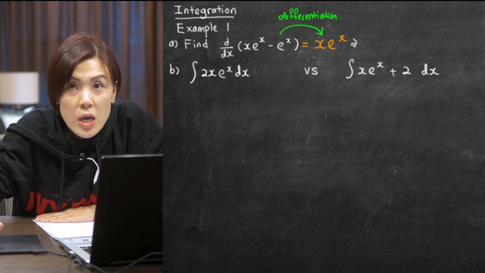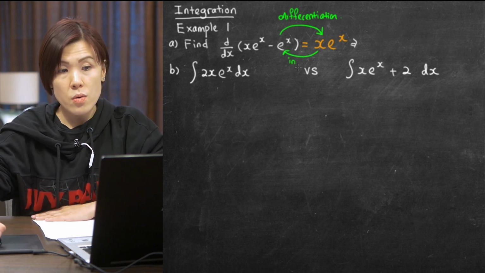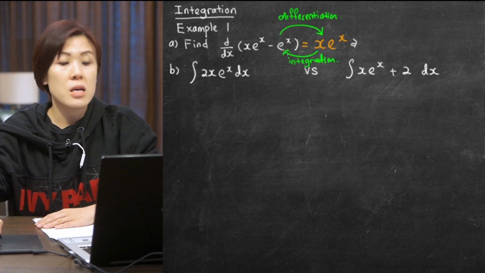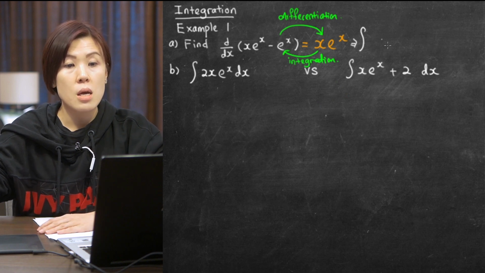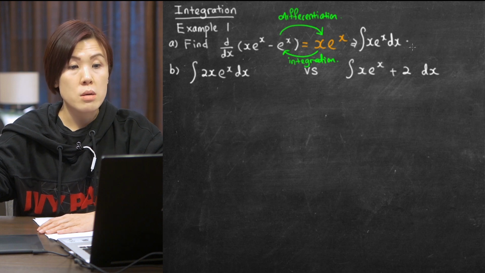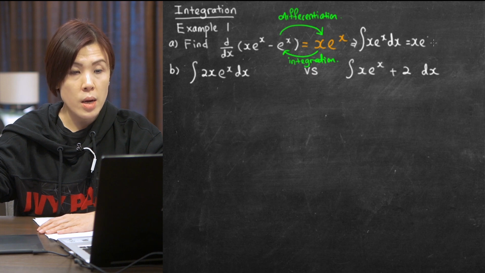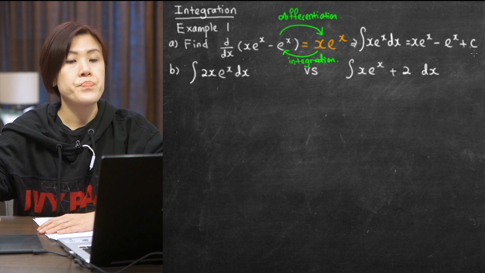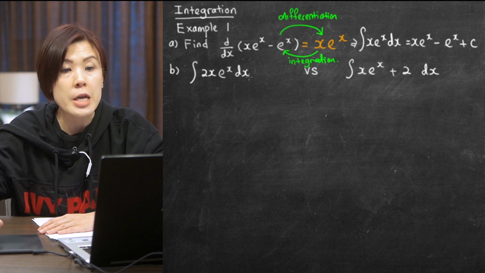Which means the reverse process of differentiation will be integration. So when we do integration, we get the expression on the left side. So now I'm going to relate this using the integration sign, and the integral of xe to the power of x will give us xe to the power of x minus e to the power of x plus c. Okay, this is the result we can use to find the integrations for part B.